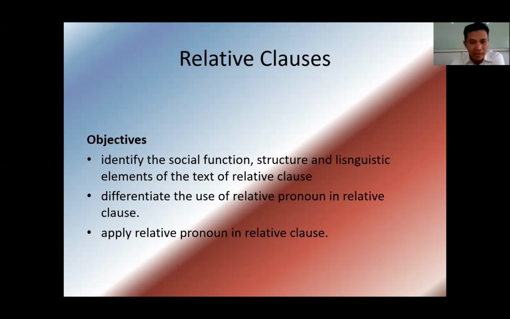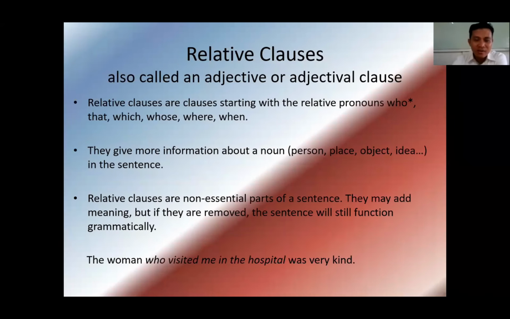Okay, let's start. Here are some definitions. So relative clause also can be called adjective or adjectival clause. Here are some notes. Relative clauses are clauses starting with relative pronouns. So when we are talking about relative clause, we will also talk about relative pronouns.